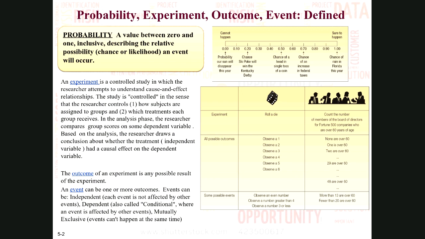In the example with counting the number of members of the board of directors, you have none over 60, one is over 60, 20, 48, or all of them are over 60. And some possible events: you can observe an even number, you can observe a number that's greater than 4, you can observe a number that's 3 or less, or whatever combination you want. And for counting the number of members, more than 13 are over 60, fewer than 20 are over 60, whatever conditions you are setting up.